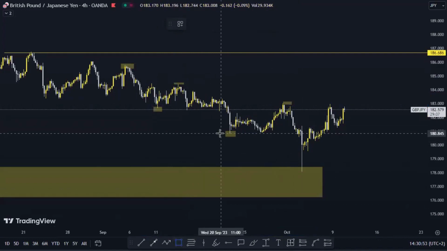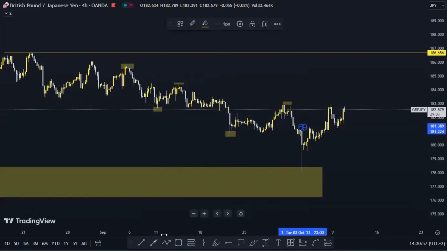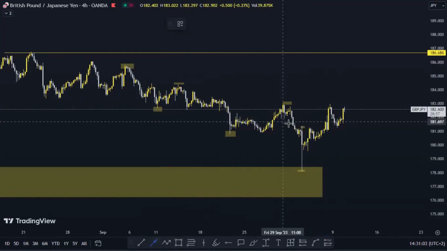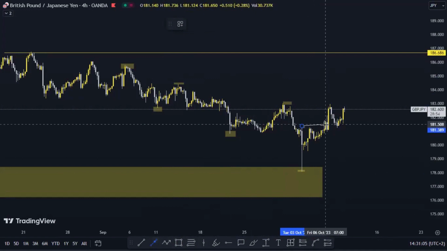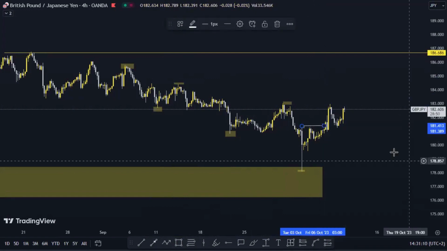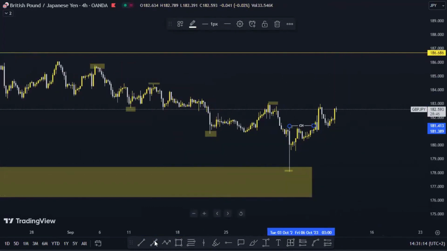Did we get a break here? Yep. And we've got that lower high, and the last lower low being this one. So as you can see here, what happened is we broke above the last lower high. So that is a change of character on its own.